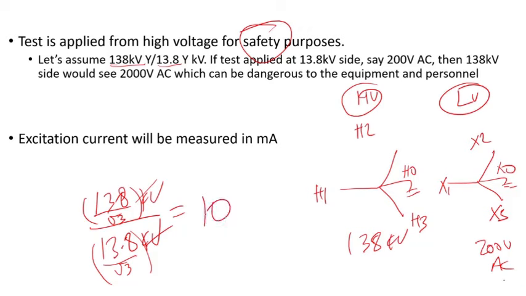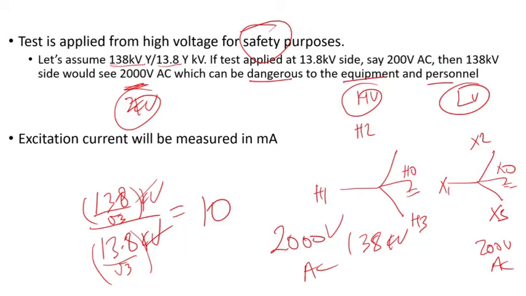So I'm applying 200 volt. That means the high voltage will see 2000 volt AC, or 2 kV. That's high enough to cause all kinds of issues, so that's dangerous to the equipment and also to the personnel doing this test.